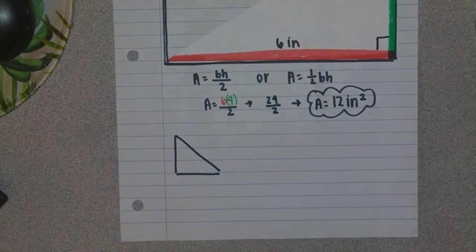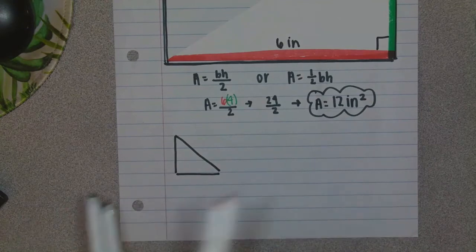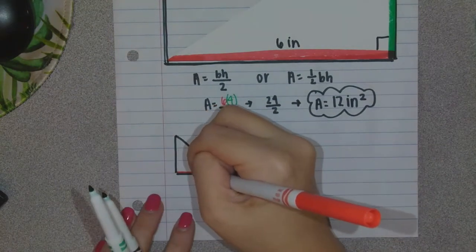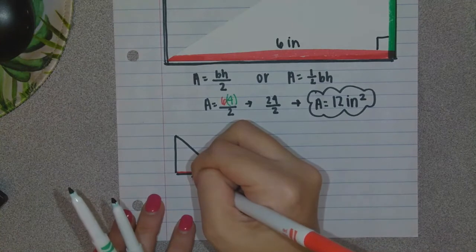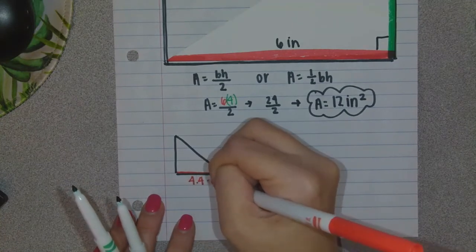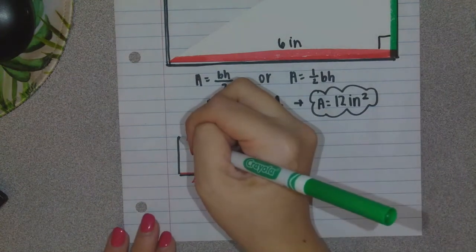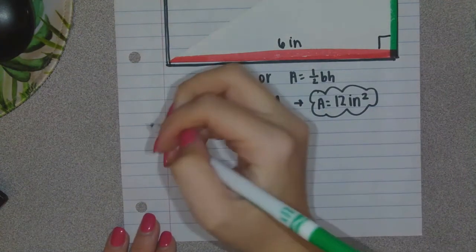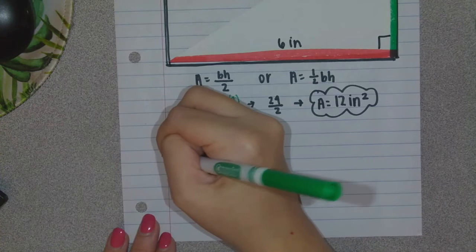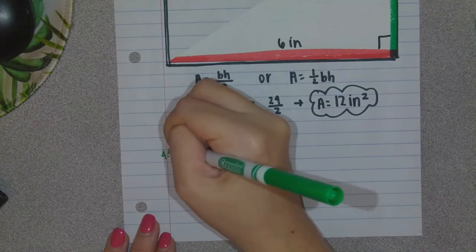Similar to what we had before, this down here is my base, and I have a base of 4 4/10 centimeters. And this one right here is my height, and I have a height of 4 4/10 centimeters.